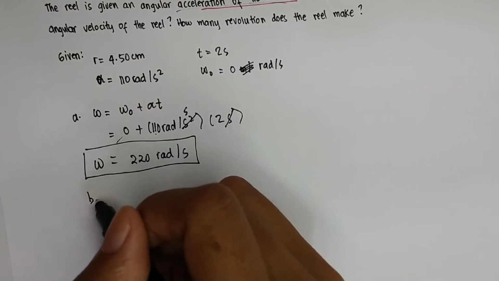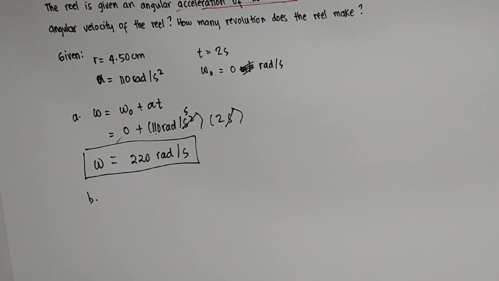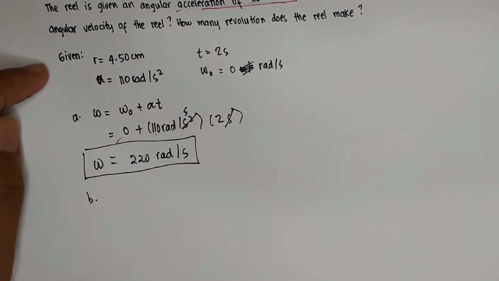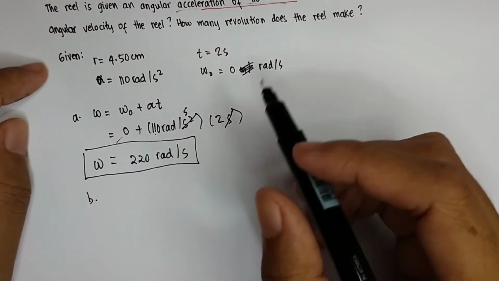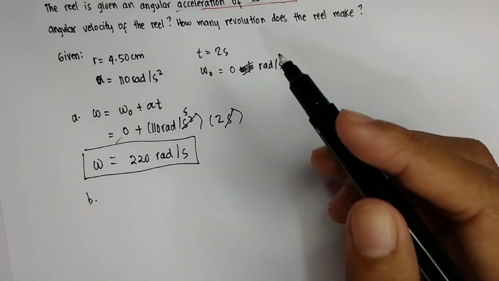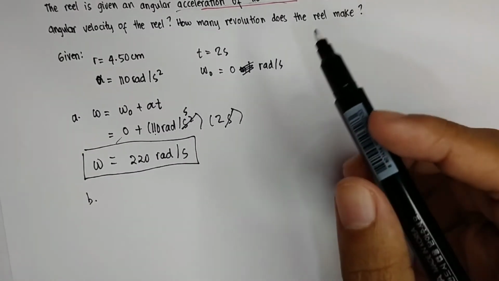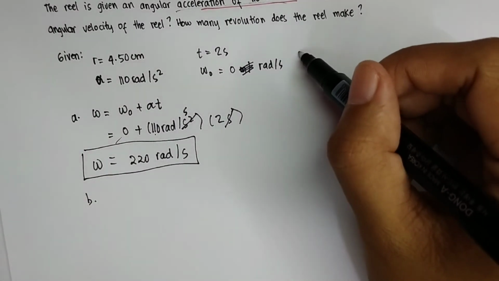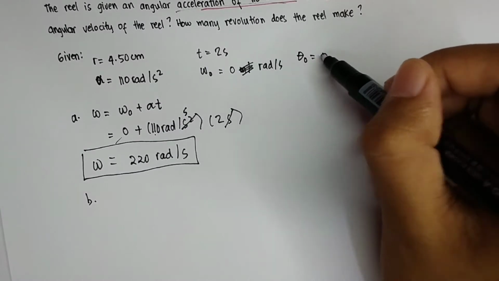Then we have the second question: how many revolutions does the reel make? So we need to find our final angle. That is what we are looking for. Take note that since it is from rest, our initial angle is 0.